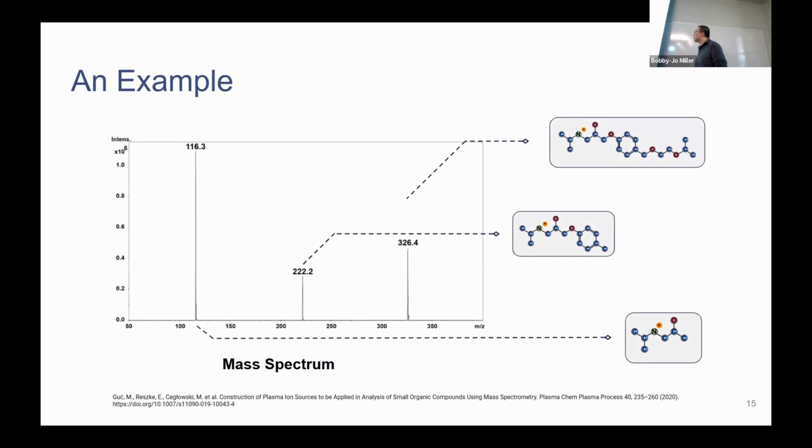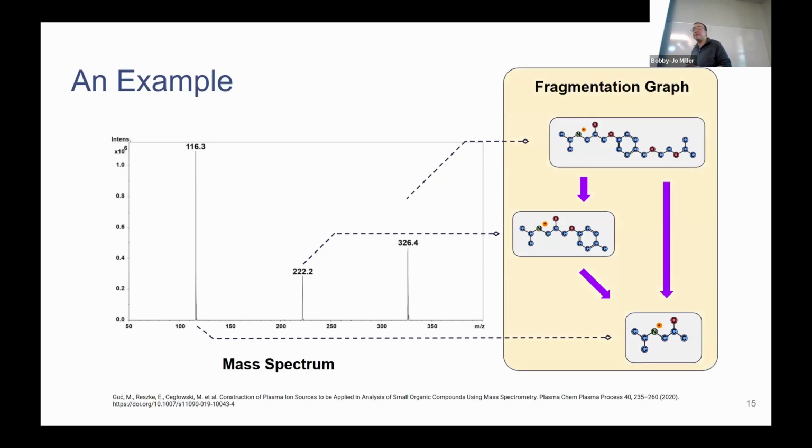Just keep in mind, one thing I want to show here is that there are multiple ways of reaching the same fragments. So for instance, it is possible we can just cut one here and reach this guy. Then we cut somewhere here, we reach the final step. It's also possible that you can just directly cut somewhere there and reach the same guy. So the way the molecular structure fragments inside the mass spec instrument, we call a fragmentation graph.